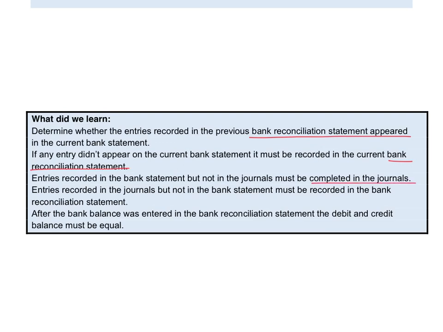Entries recorded in the journals but not on the bank statement will be recorded on the bank reconciliation statement. After all the entries were completed, the debit balance and the credit balance in the bank reconciliation statement should be the same. Otherwise, we still have a mistake that must be corrected.